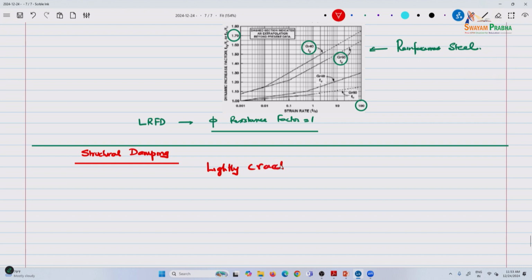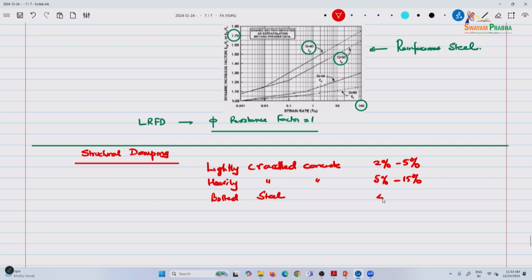So lightly cracked concrete, the damping can be as much as 2% to 5%. Then if you have heavily cracked concrete, here you can have from 5% to 15%. And then if you have bolted steel, these are just to give you some ideas.